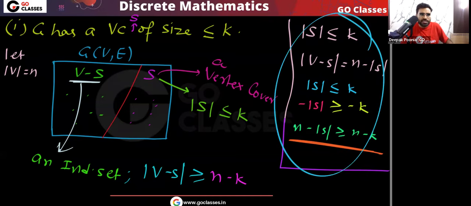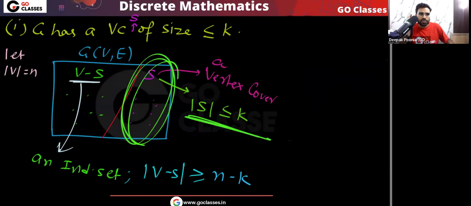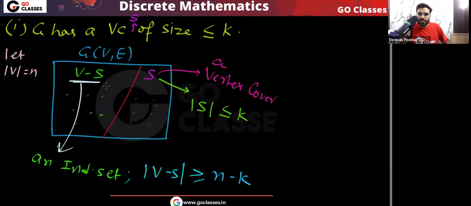So mathematically, and also very intuitively, this is common sense: if the number of vertices in S is less than or equal to k, then the remaining vertices will number at least n minus k. And we have already seen that if S is a vertex cover, the remaining vertices make an independent set. So one thing you can notice here is that if the graph G has a vertex cover of size at most k, then G has an independent set of size at least n minus k.